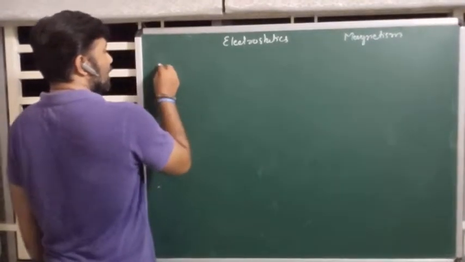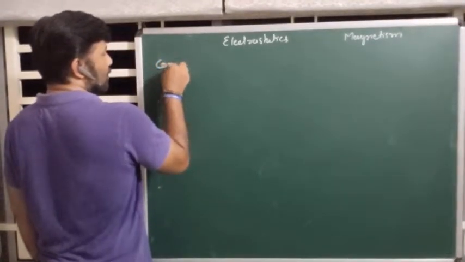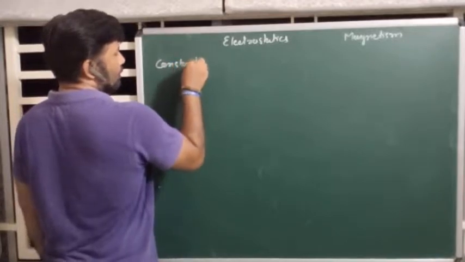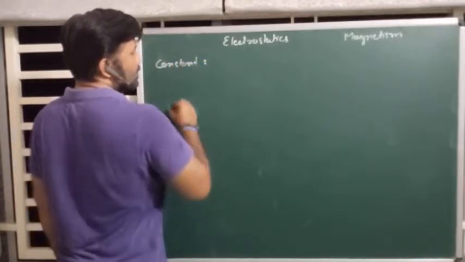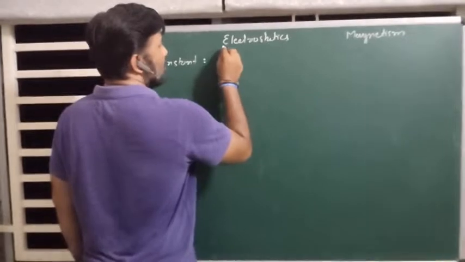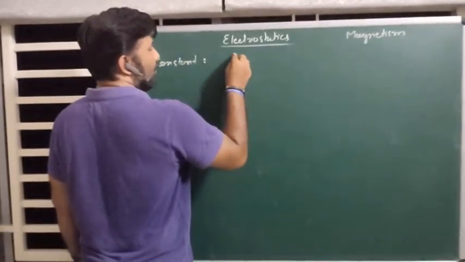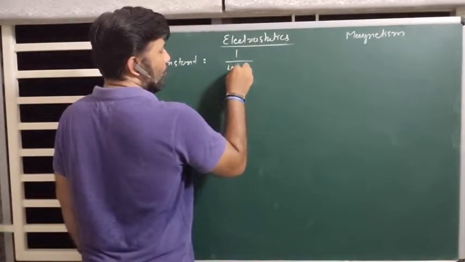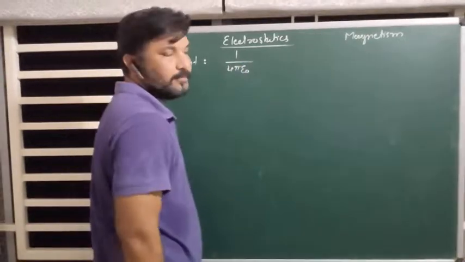Let us take first the constant. In electrostatics, the constant was 1 upon 4 pi epsilon 0.